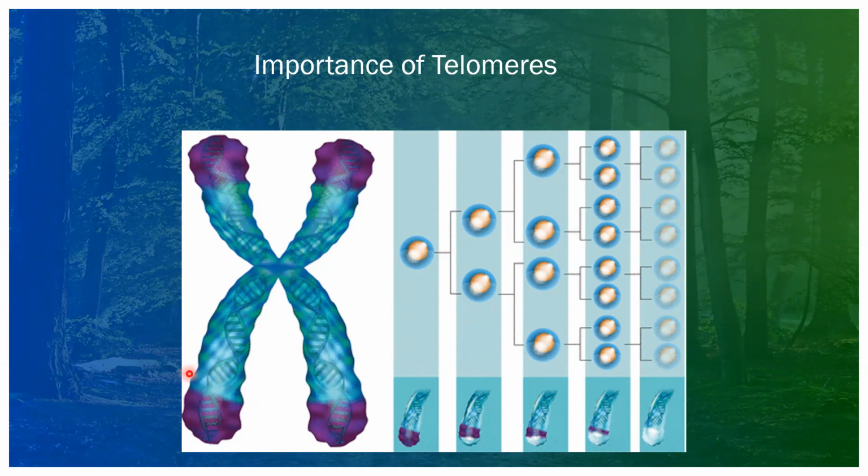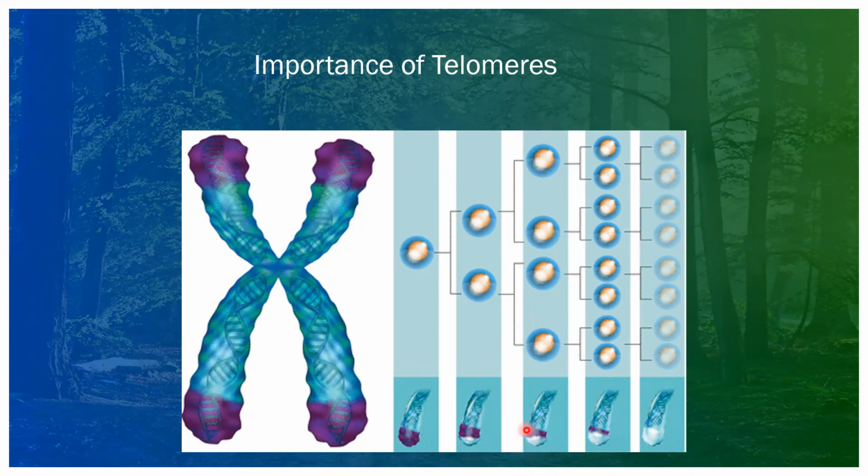It forgets to replicate this portion. And the next time it forgets to replicate this portion, which will eventually lead to loss of important genes, which is why nature gave us something called telomeres. It's extra DNA. Right now, we don't recognize its purpose except this purpose. And every time the cell replicates, even if it forgets to replicate this portion, we still have some excess non-coding portions remaining, and the coding portion will never be lost.